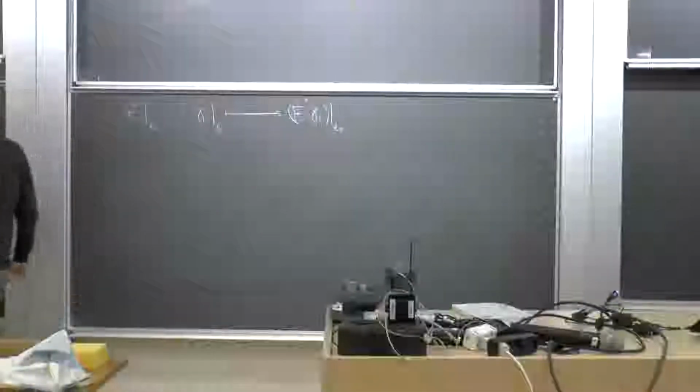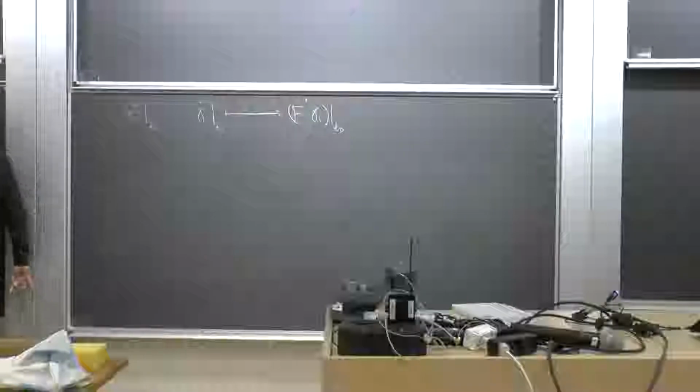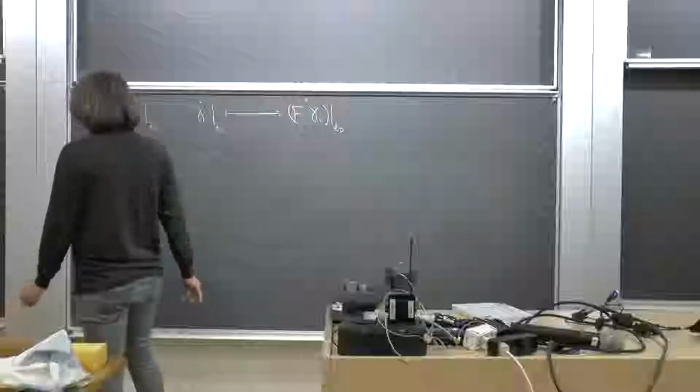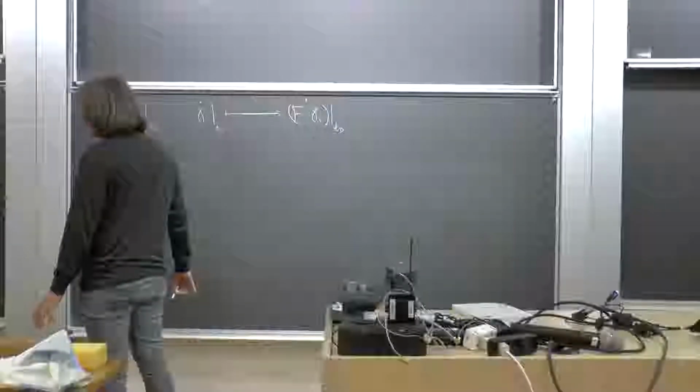So this vector goes to this vector, so it's a 2 by 2 matrix, and these are just vector columns, I think.